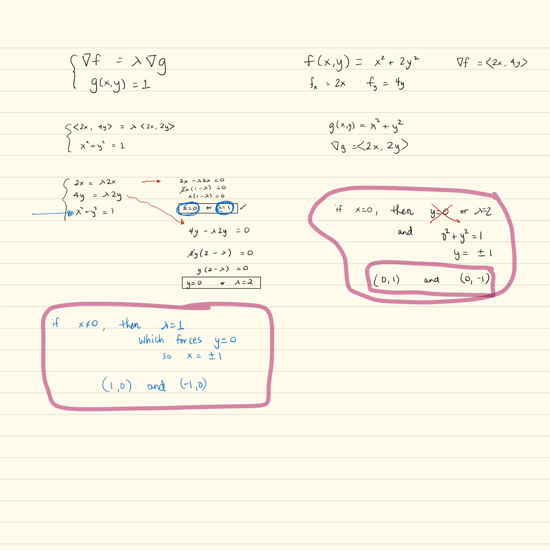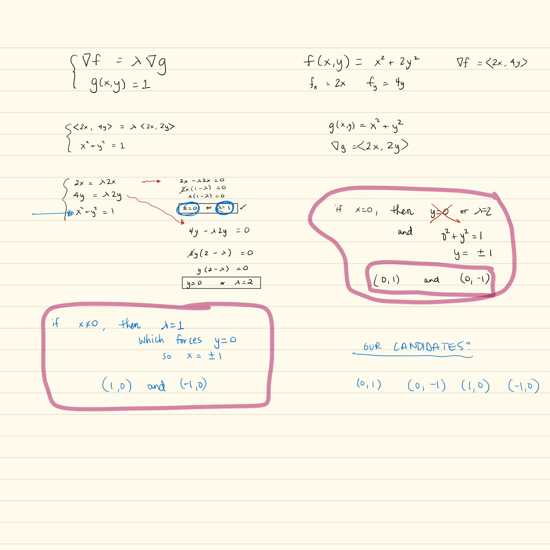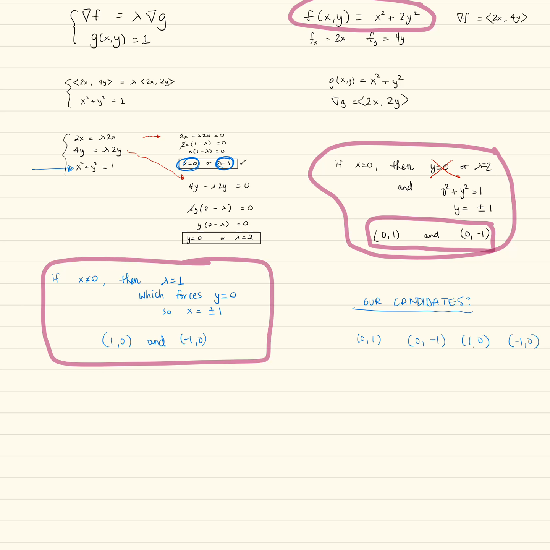So now we need to do the second part. We found our candidates. We've got 4: 0, 1; 0, negative 1; 1, 0; and negative 1, 0. The function that we're supposed to be maximizing and minimizing is x squared plus 2y squared. So I'm going to make a little chart, and ask what is the output?